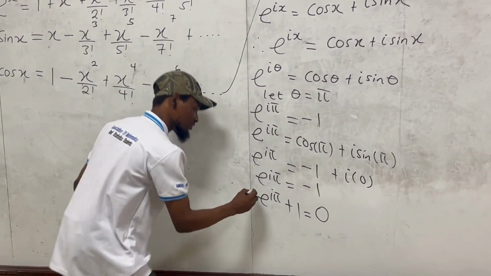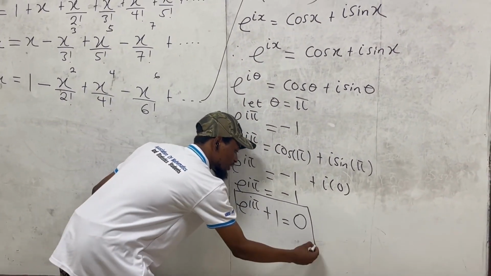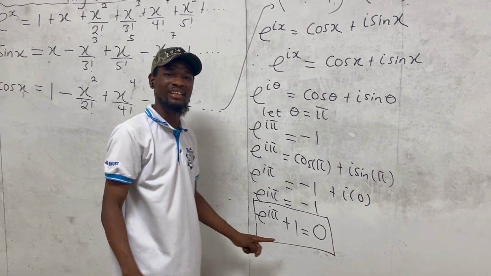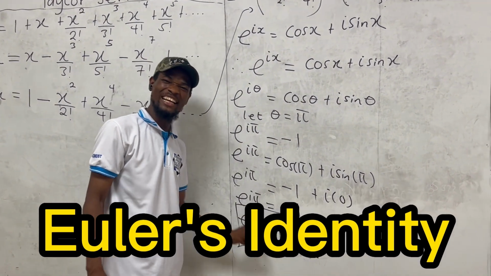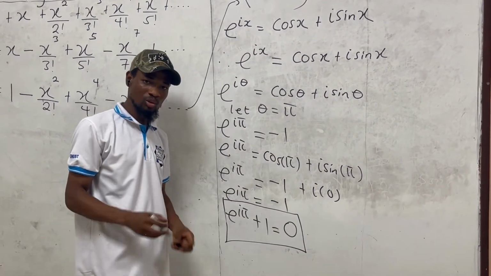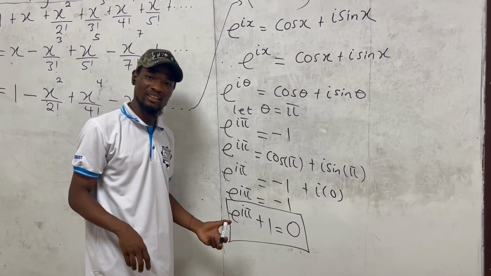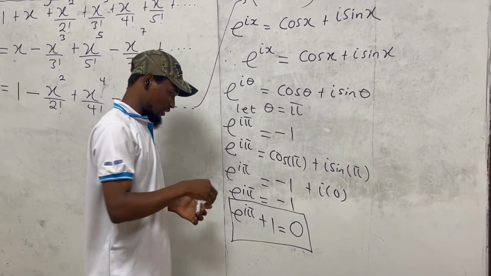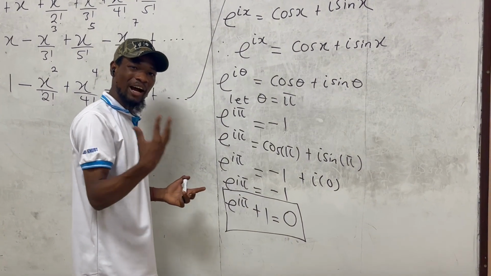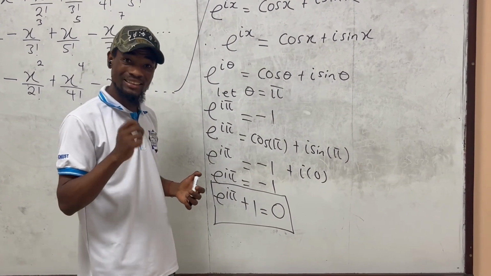So viewers, this is a very important expression. So this is the Euler's identity formula. So now this Euler's identity exposes 5 mathematical constants.